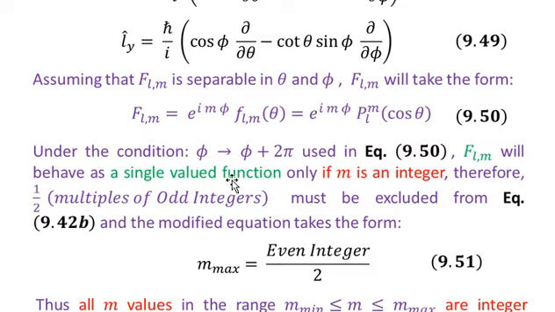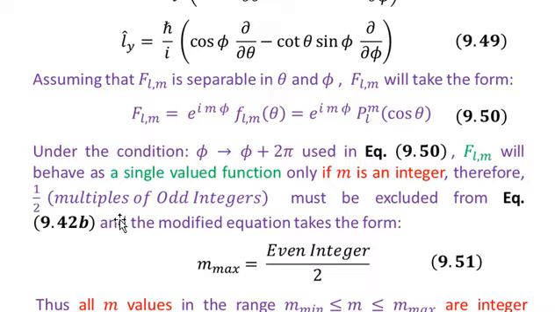Single valued means that under this substitution, that is phi replaced by phi plus 2 pi, the value of the wave function should not change. That is only possible in the above representation shown in equation number 50 if m is an integer.